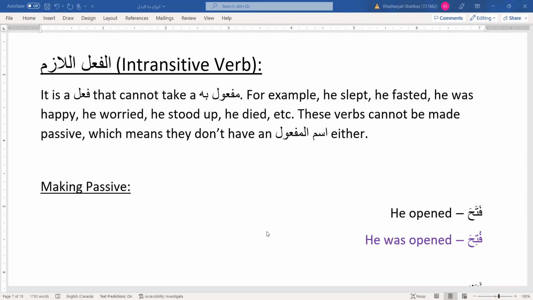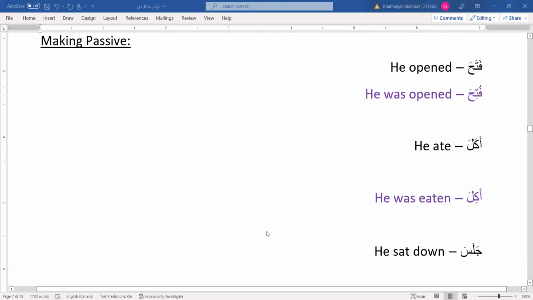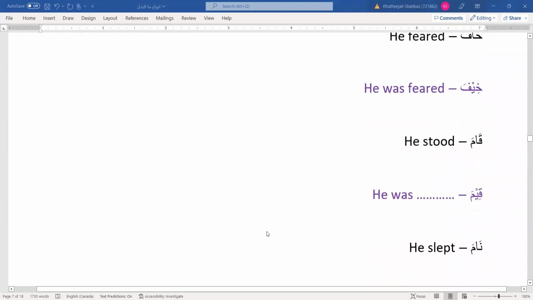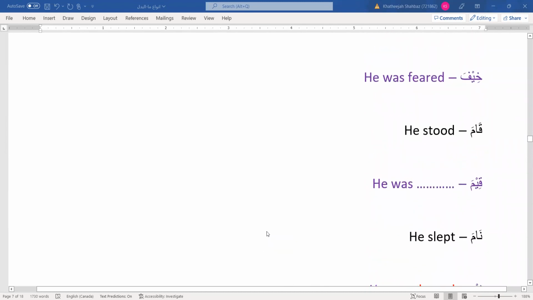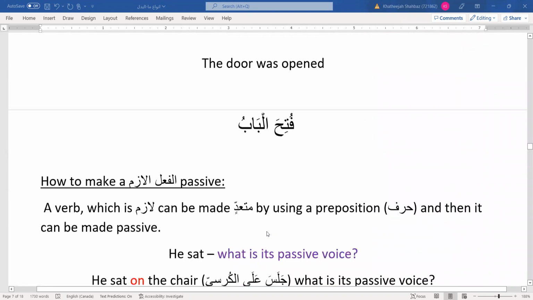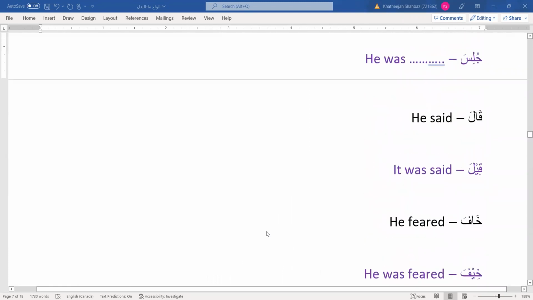We can change a muta'addi verb into passive. Before we go into this, there are more examples here, and I'm skipping a few things, so maybe I should go over this one too.